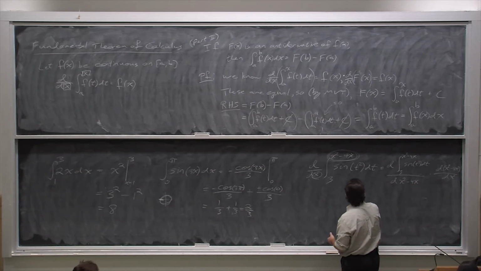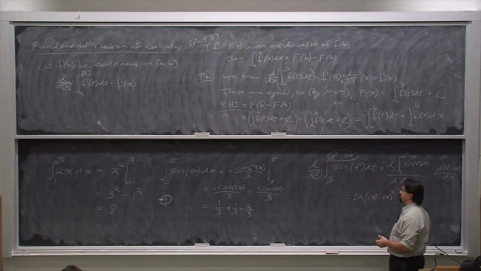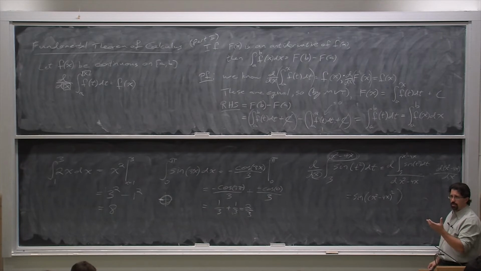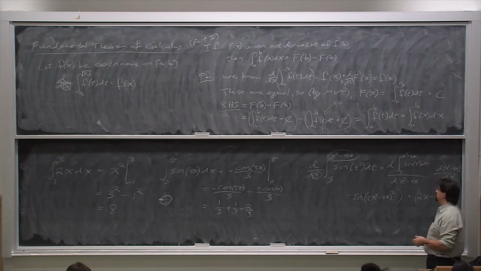This is equal to sine of (x squared minus 4x) squared. Right? My variable t, I just plug in whatever the upper bound is, whatever is my variable for the top end, times 2x minus 4.